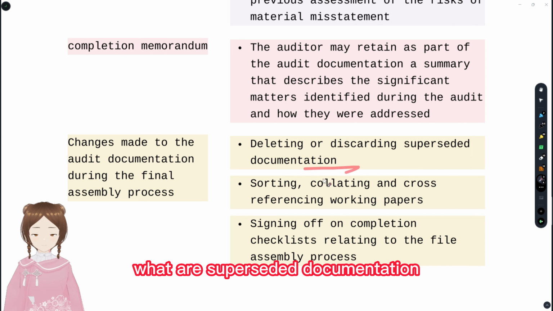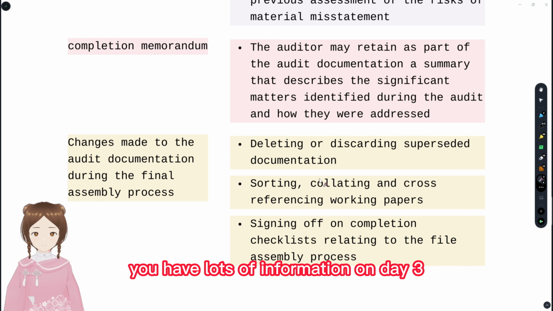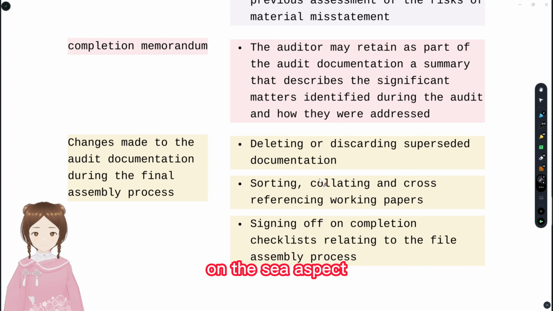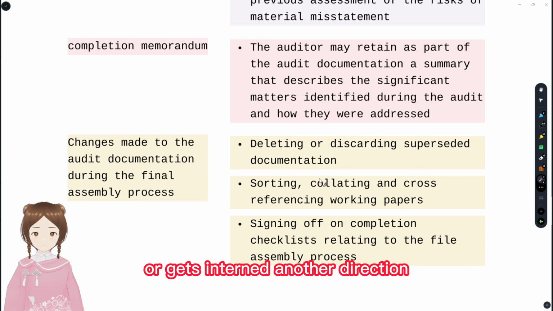What is superseded documentation? You see, audit is a process, right? You think of audit as a 10-step process. Audit is a 10-day process. You have got some information on day 3, and you have got some information on day 7 on the same aspect as on day 3, that is superseding, that is overriding the information, or in addition to that, where your conclusions or your thinking process gets changed or goes in another direction.